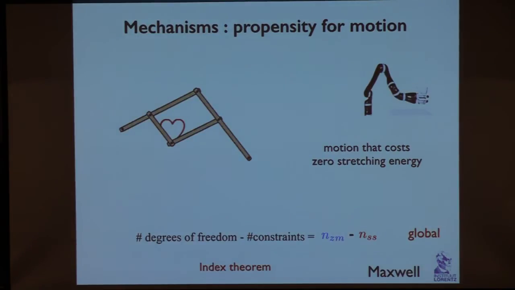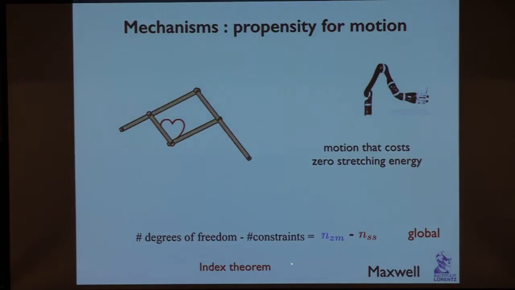These are the number of redundant constraints that are useless in order to kill motion. Once you look at the results, the number of zero modes minus the number of these redundant constraints, which the engineer calls states of self-stress, is equal to the degrees of freedom minus the number of constraints, which are these rods.